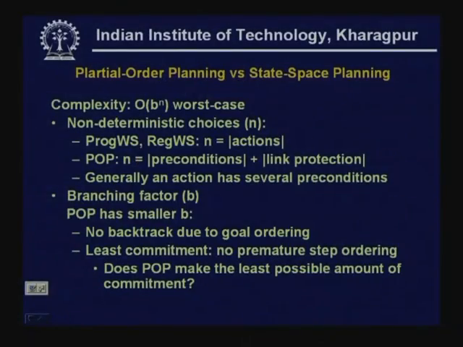But if we have two subgoals G1 and G2, let us say on AB and on BC, we do not have to backtrack on which one first. We can do both separately, and then while deciding which action to take first, we look at what conflicts they generate, we look at the unsafe links. So, there is no backtrack due to goal ordering.